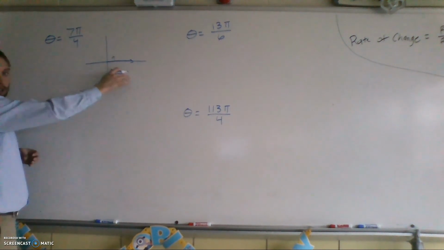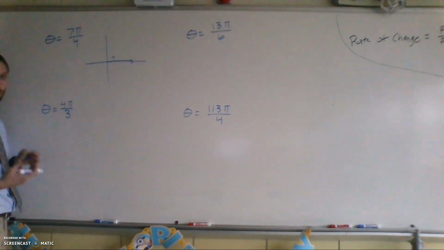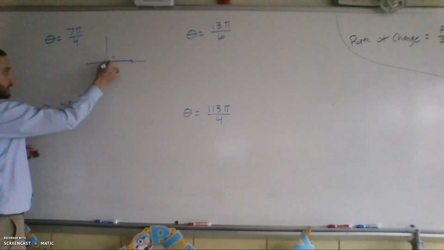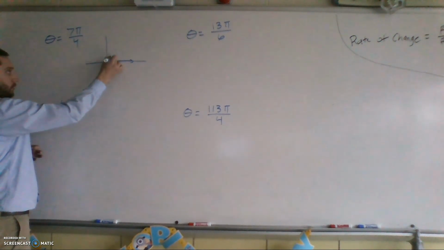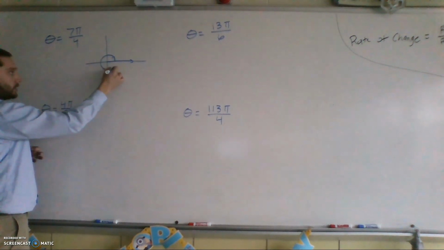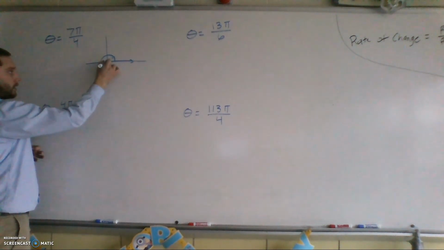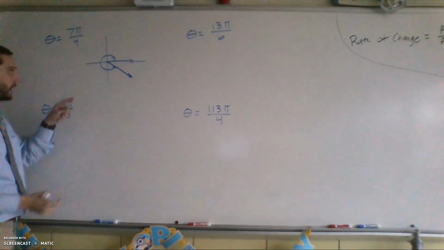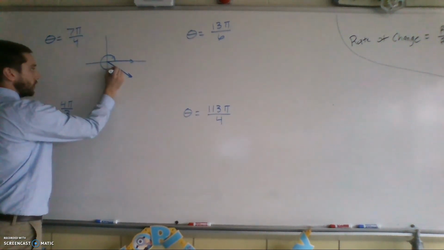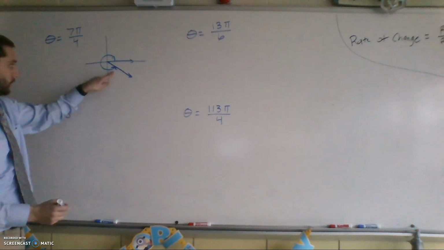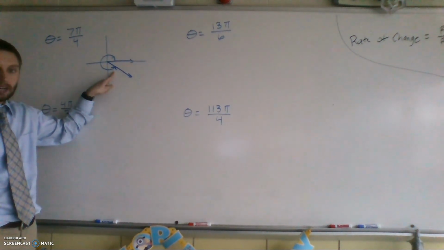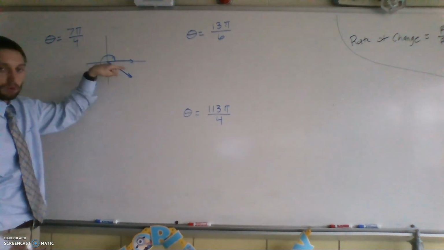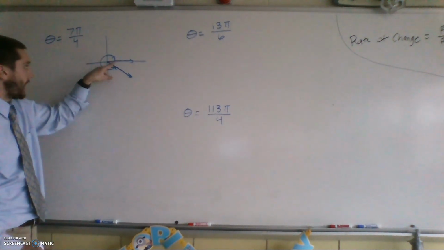Actually, I'll do one with you just so you know what you're looking for. So 7 pi over 4. Well, if you look at your unit circle, it's down here in the fourth quadrant, but I want to draw the angle. So to me, what that means is I'm going to wrap all the way around to where my angle is, and I'm still going to draw that angle, but you have to make sure you have this arc with that arrow on there.